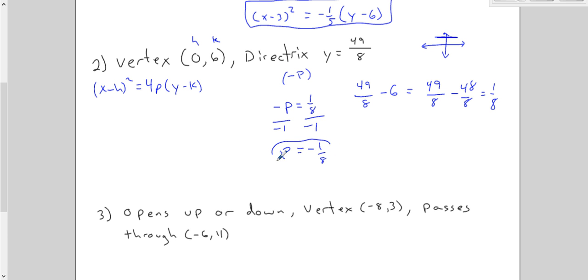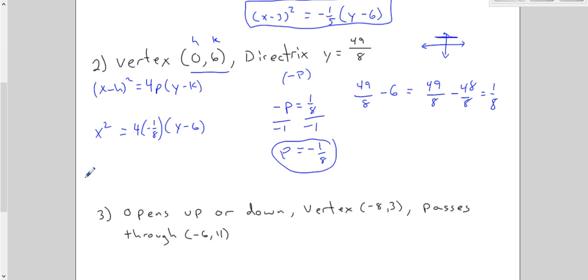So I've got my p, I've got my h and my k. Now I could just plug in my numbers. So x minus h, or 0, squared, so I don't need to really put minus 0, so I'm just going to put x squared, equals 4 times the -1/8 for my p, times y minus k, so y minus 6.